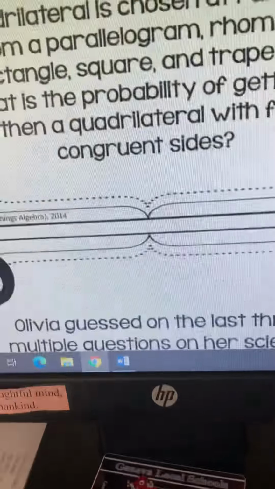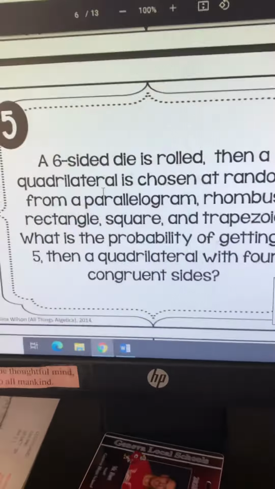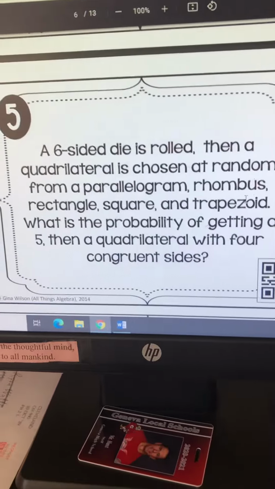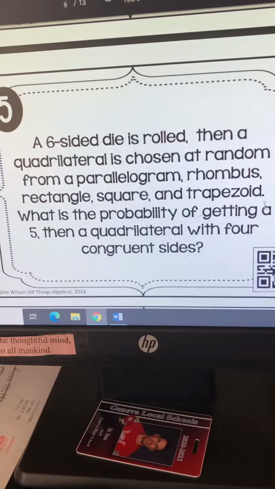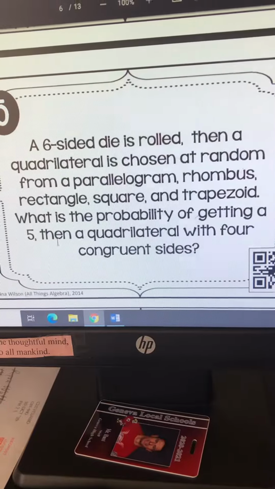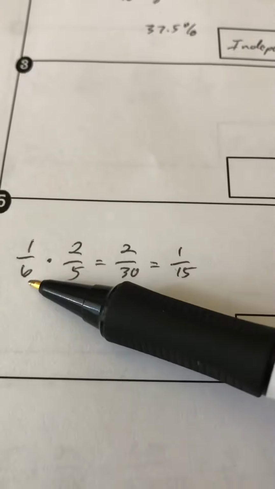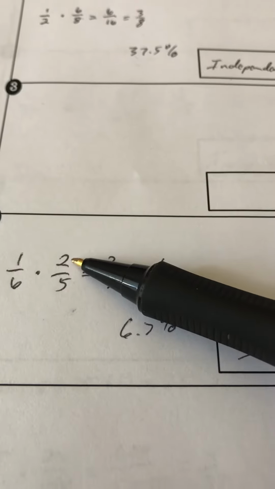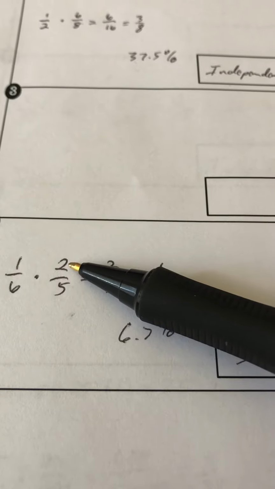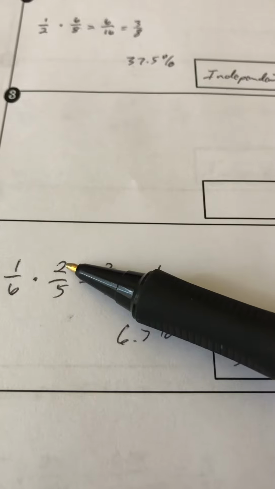So number 5, let's take a look at number 5. A 6-sided die is rolled, then a quadrilateral is chosen at random from a parallelogram, rhombus, rectangle, square, and trapezoid. What is the probability of getting a 5 and then a quadrilateral with 4 congruent sides? So getting a 5 on a 6-sided die is 1 out of 6. There are quadrilaterals that have equal sides.